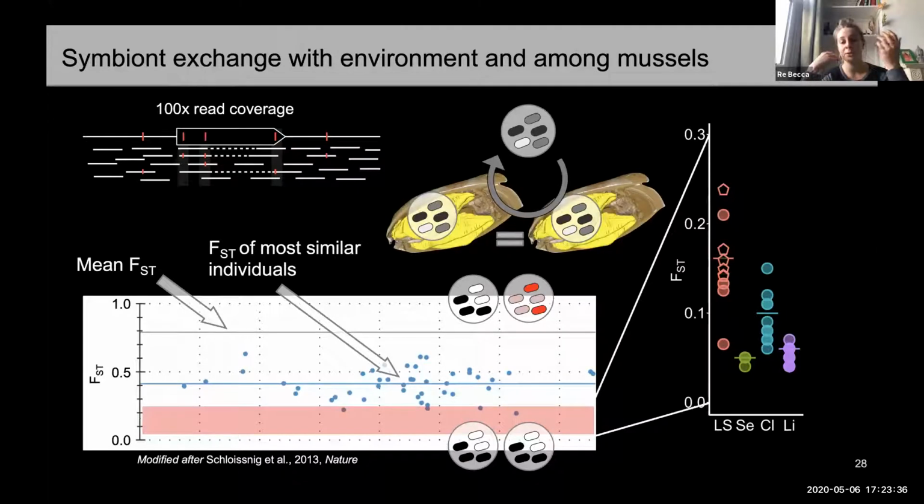For one, we can now have an idea of how the symbiont transmission works, because this very low FST, this high similarity between the symbiont populations, is an indication that the mussel hosts throughout their lifetime continue to exchange the symbiont community with each other and with the environment. So this tells us a little bit about the colonization dynamics that we have in this particular symbiosis.